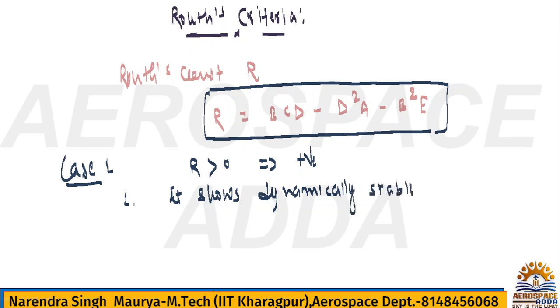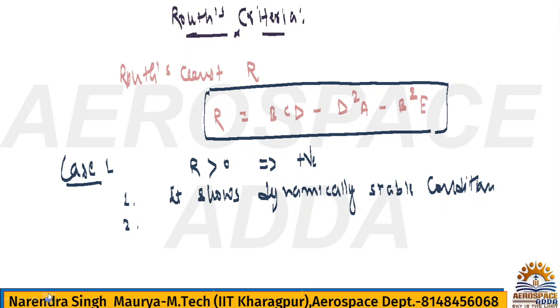So they will give one characteristic equation, and from there you immediately find the Routh constant. If you get positive, then you can say that for whatever characteristic equation or longitudinal dynamic stability equation is given, it is a dynamically stable condition. This is point 1 you got in case 1.